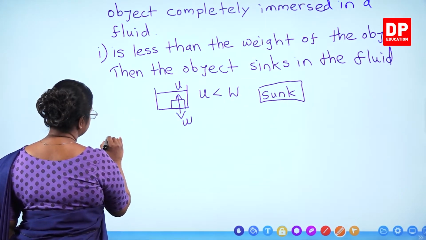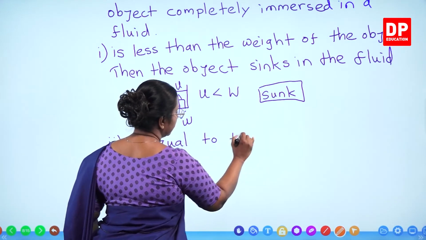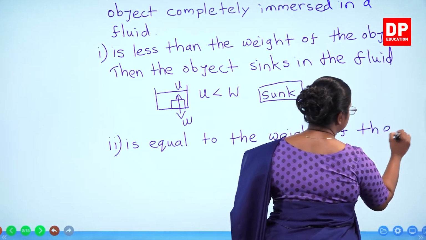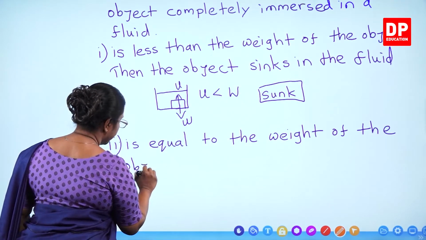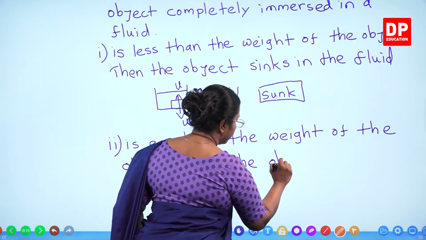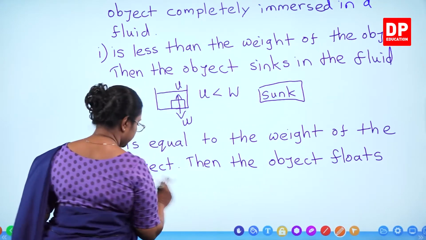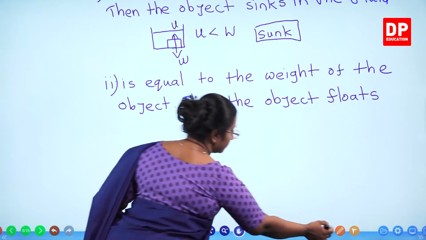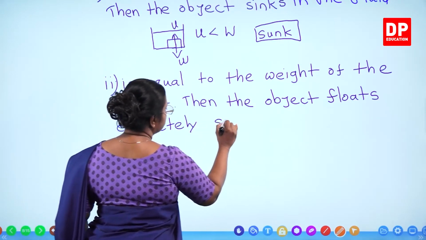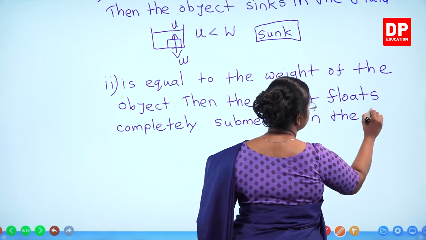Then the second instance: if the upthrust is equal to the weight of the object, then the object floats completely submerged in the fluid.